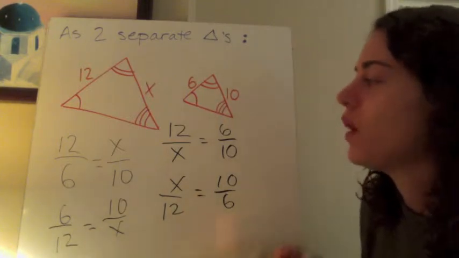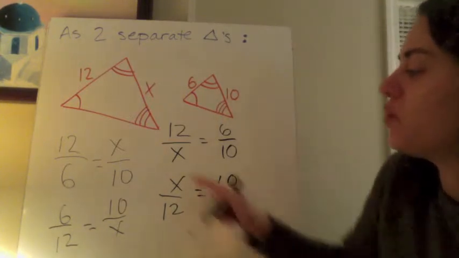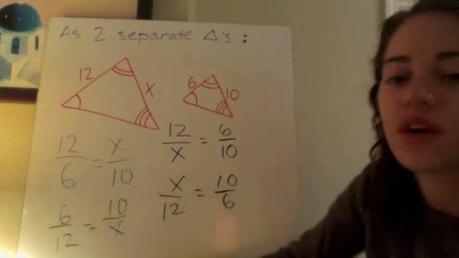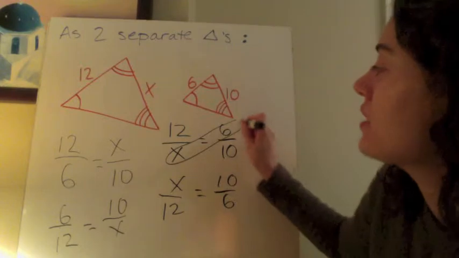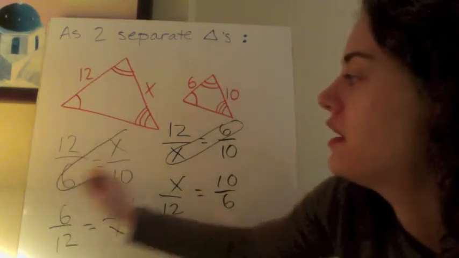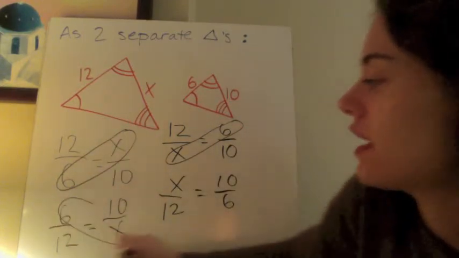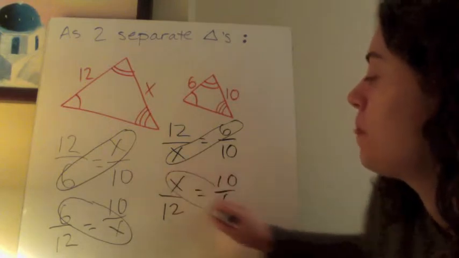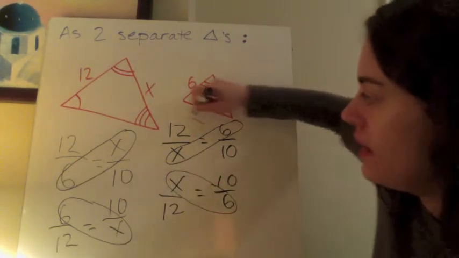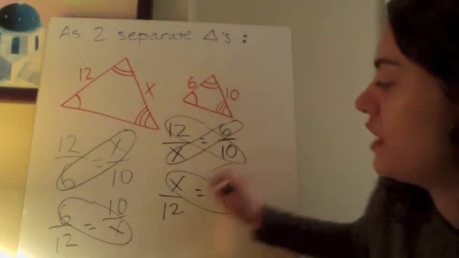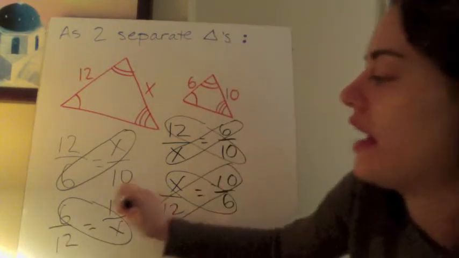And the reason why all of these work is because if you look at the diagonals for every single one of these, you're always going to end up with 6x being multiplied together in each one. 6x is going to be multiplied together. And you're going to set it equal to 12 times 10 in each one. 12 times 10, that's the other diagonal.